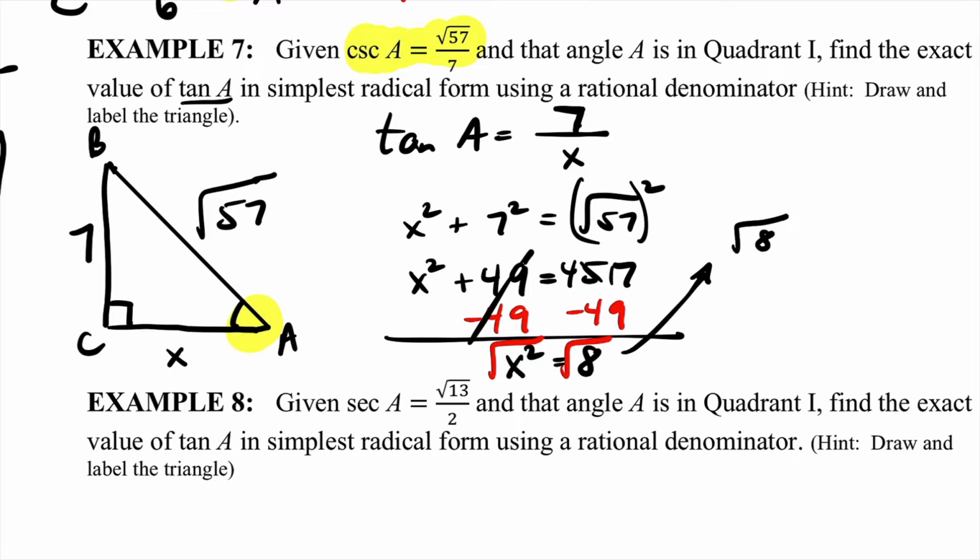Square root of 8. Does it have any pairs? I think it does. I think the square root of 8 is the square root of 2 times 2 times 2. So we can take out a 2, and that leaves a square root of 2.